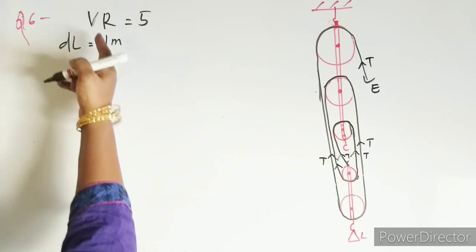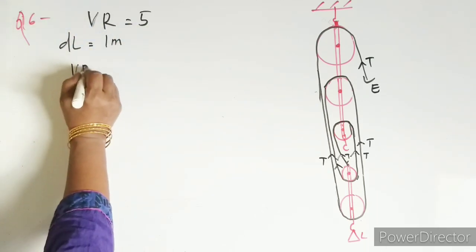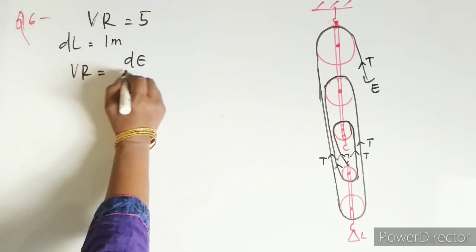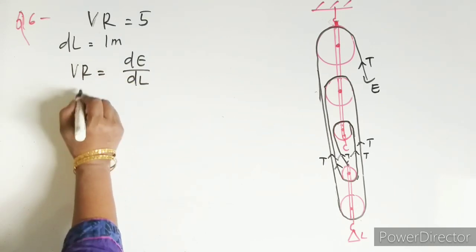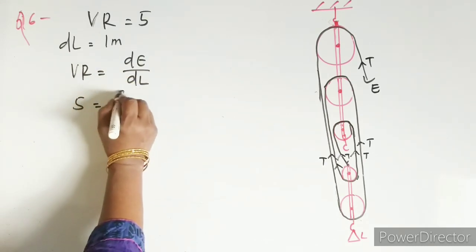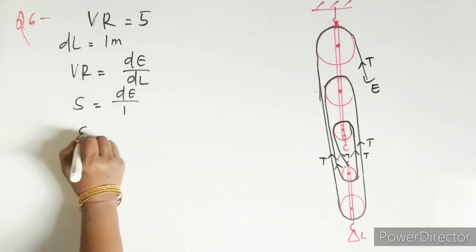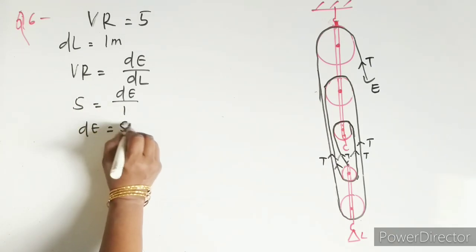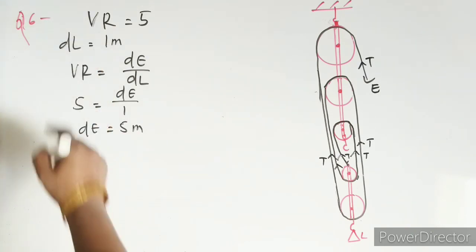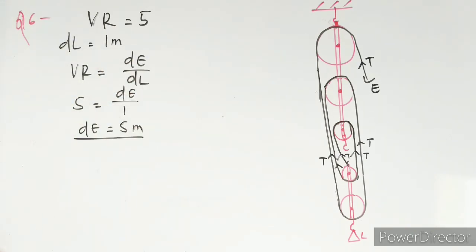So according to this, velocity ratio equals DE by DL. Velocity ratio equals 5, DL equals 1, so DE equals 5 meters. If DL moves 1 meter, then the effort moves by 5 meters.